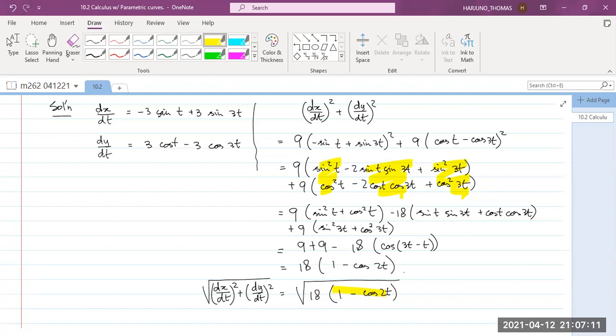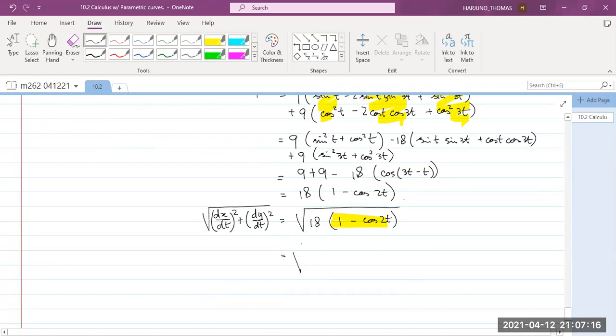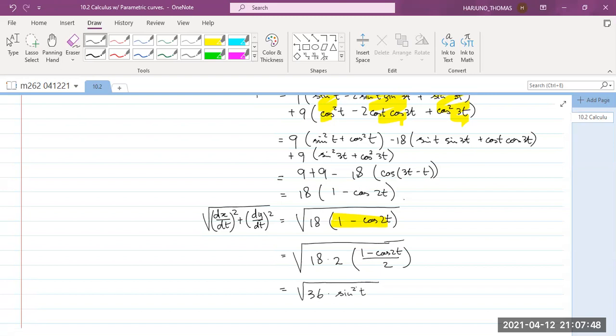Double angle. This is the square root of 18 times, let me multiply by 2 and then (1 minus cosine 2t) over 2. Do you know what that is? That's sine squared t.